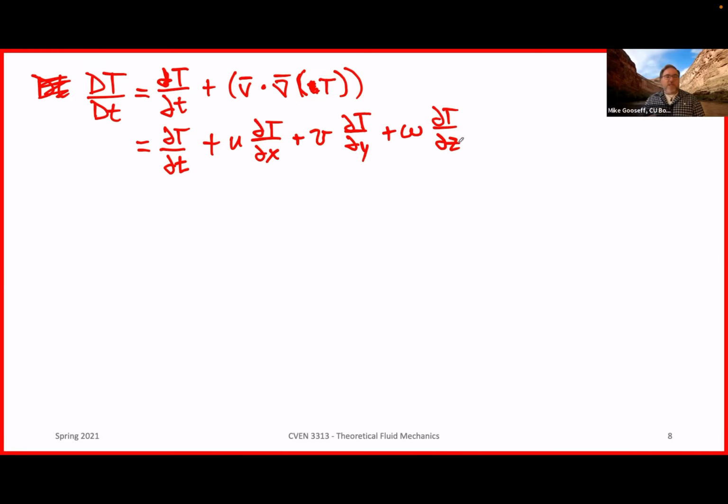But the only information we're given is a u value, so one velocity here. And usually if we're only given one, it's about x. I suppose that would be different in the case of trying to track a raindrop falling, which would be vertical rather than horizontal. But in this case, we can think about an exhaust pipe being horizontal, and we have a horizontal velocity. So this term goes to 0, and this term goes to 0, and we just need the one-dimensional form of the convective derivative, essentially.